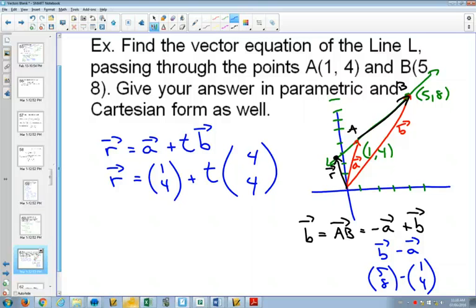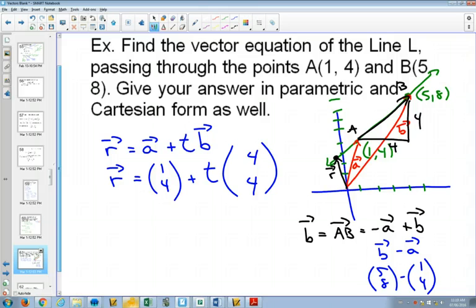If you wrote (negative 4, negative 4), maybe because you did A minus B, that would be fine as well. This direction vector says go over 4 and then go up 4. That's basically like a slope, right? If I went over 4 and then up 4, that's how I get to that point.